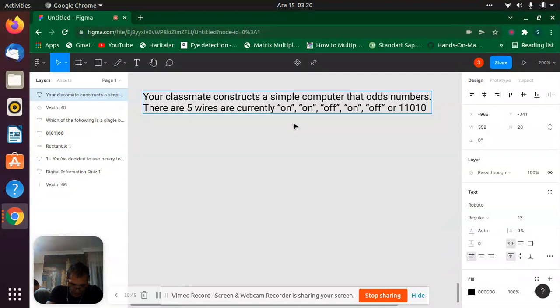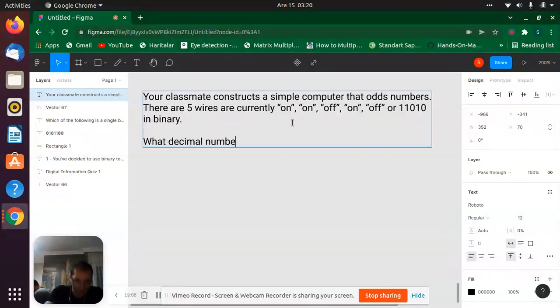Okay, this is something like that in binary. Then it asks: what decimal number does that represent? Okay, let's look together.